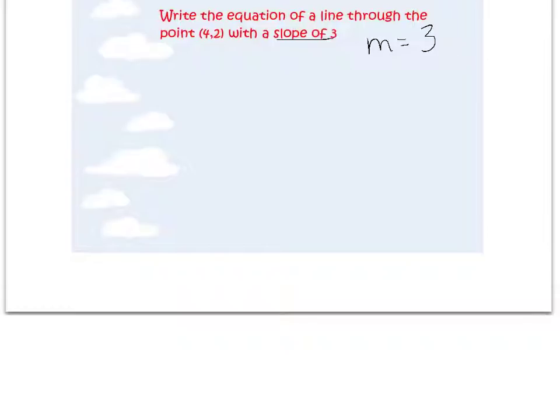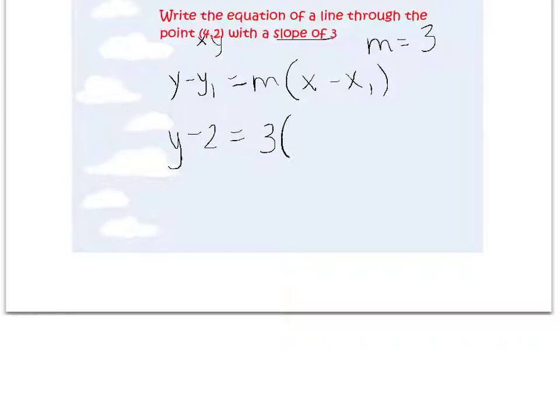So in our equation, instead of doing your typical y equals mx plus b, we're going to do point-slope form. y minus y1 equals m times x minus x1. If we fill it in, our point already gave us an x value and a y value. So our equation is simply y minus 2 equals the slope of 3 times x minus 4.